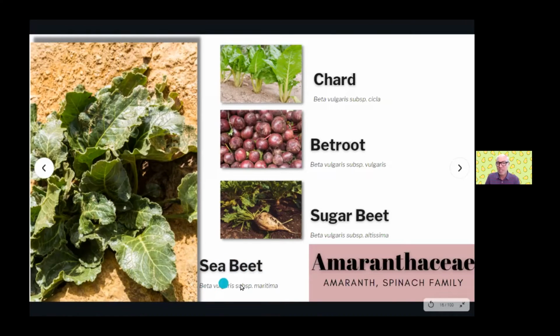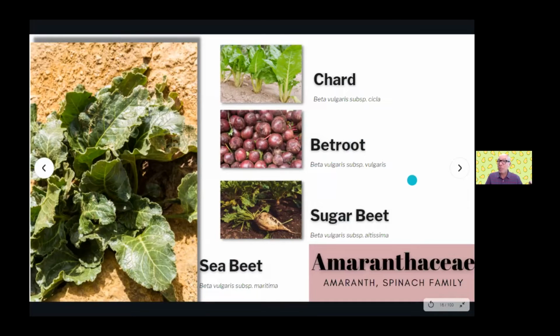And this species, the sea beet, in cultivation, has been developed into at least these three groups of varieties, subspecies, selections, cultivars, mutations, however you want to say it.